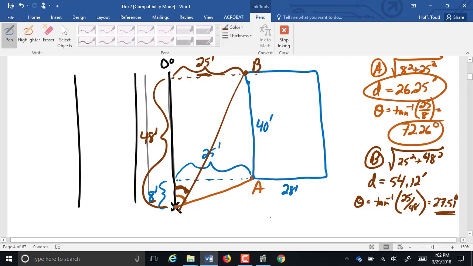Let's call this corner point C. What is, well, this distance, of course, is still 48. What's this distance now? 53 feet. Very good. So if I'm connecting across here, what's the length of that green line?